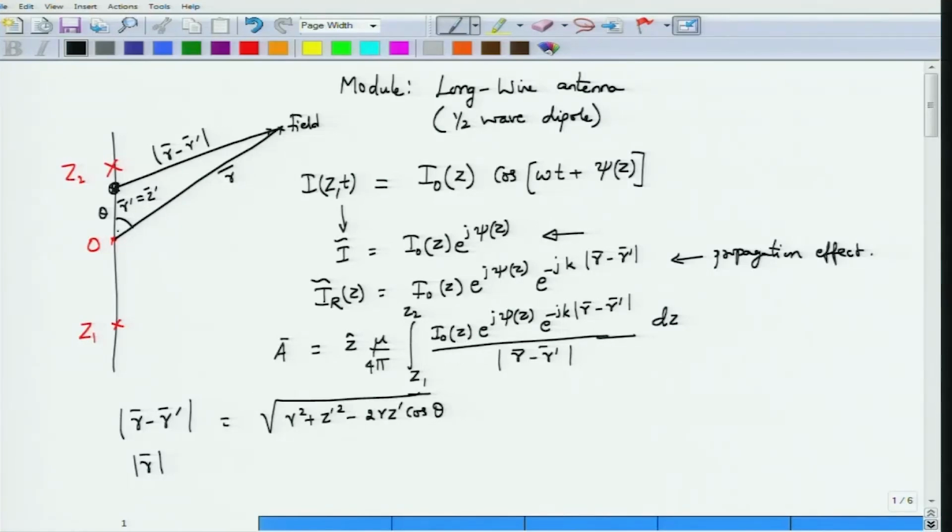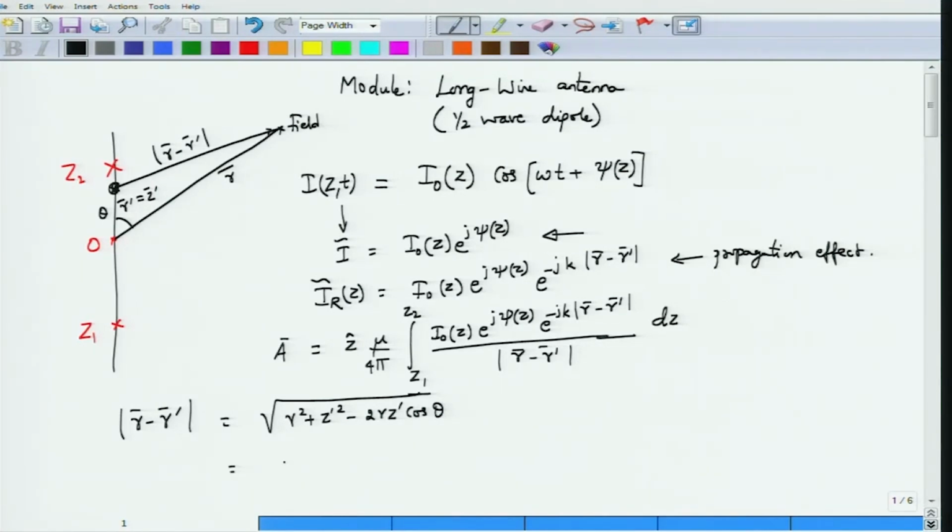That is to say, no matter where on the antenna you are, and this antenna is going from z1 to z2, the distance r minus r prime would look approximately equal to the distance from the origin. So, the position on the antenna would not matter, and therefore I can approximate this by first using the binomial theorem and then showing you where the approximation comes from.